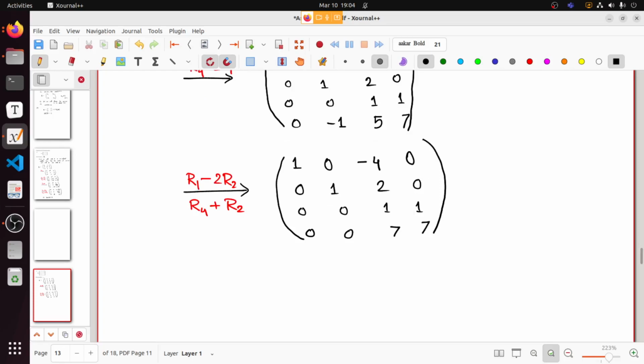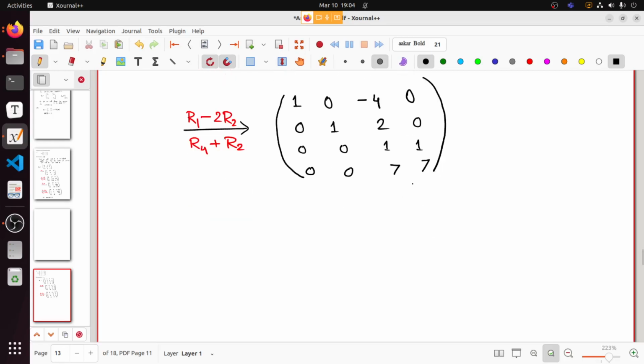So the second column is also fine. Now the third row, it's 1, you have to make the other entries in that column 0. So you have to make 3 operations here: R1 plus 4 R3, and R2 minus 2 R3, and R4 minus 7 R3.